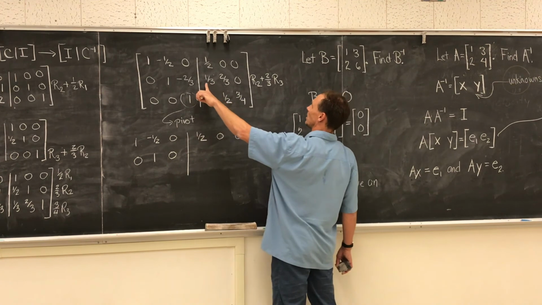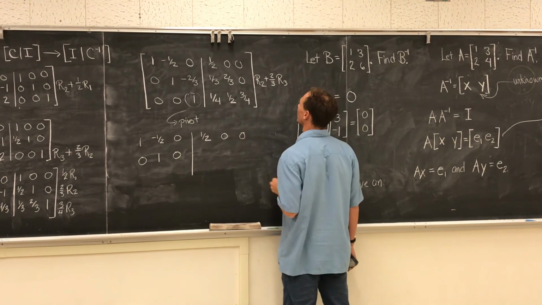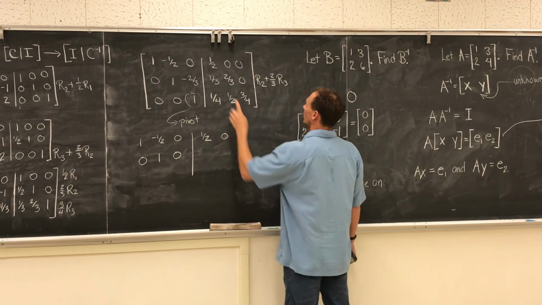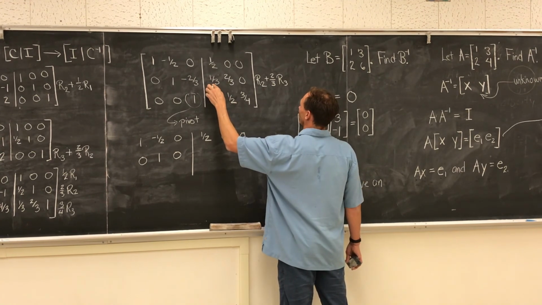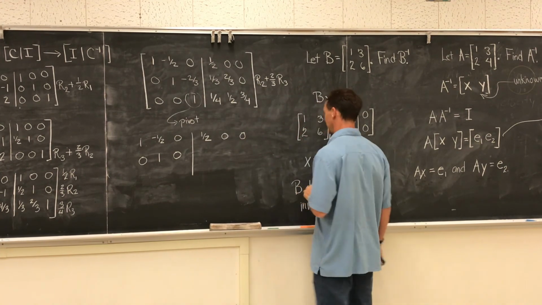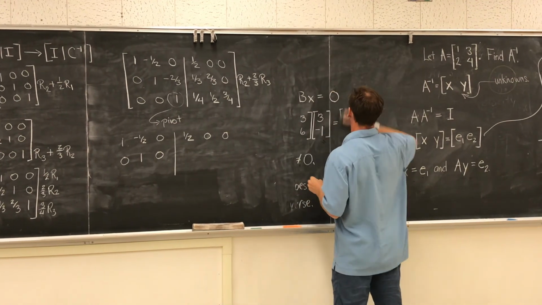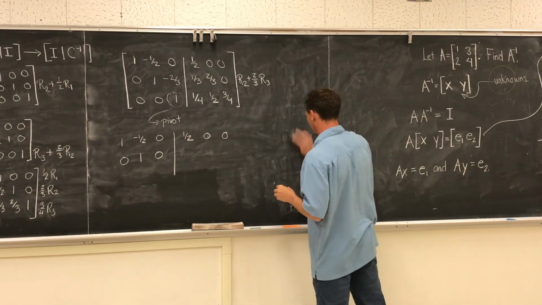It's the rest of this that gets a bit more complicated. So this is going to be 1/3 plus, oh goodness, I'm going to have to come over here and do a little bit of scratch work. Fractions in my head get difficult quickly.